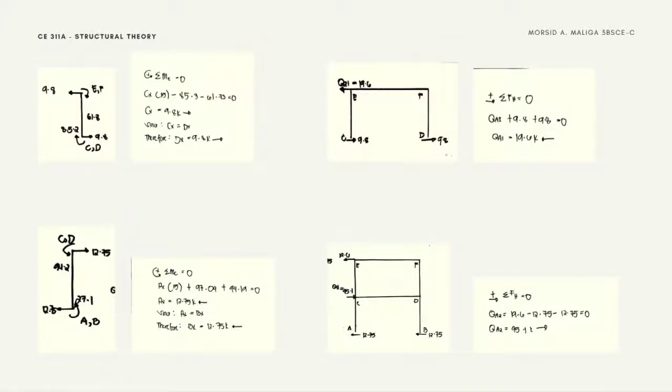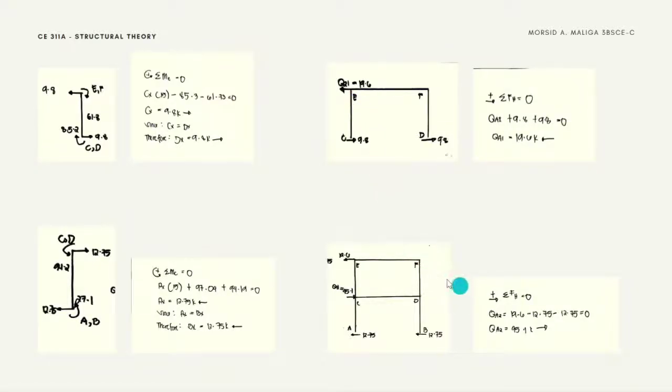So, QA1 plus 9.8 plus 9.8 is equal to 0. So, our reaction here is 19.6. Ayun na siya, 19.6 to the left.